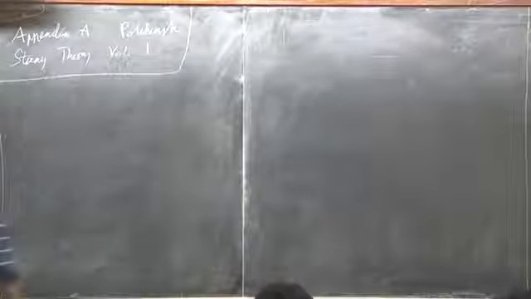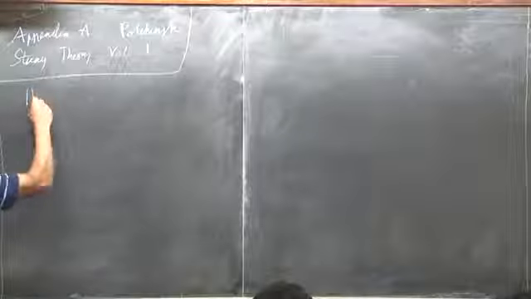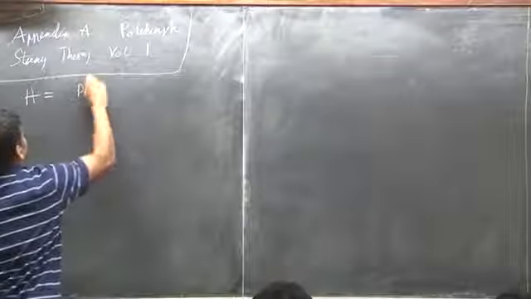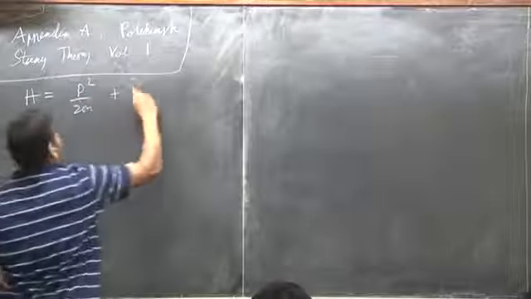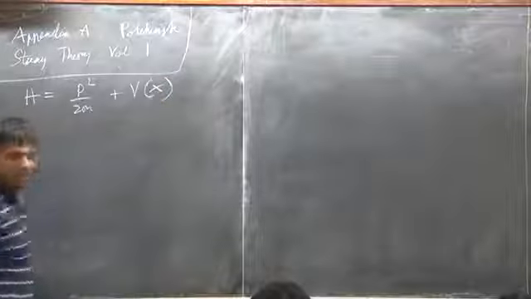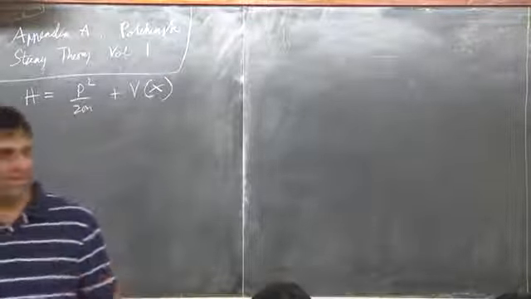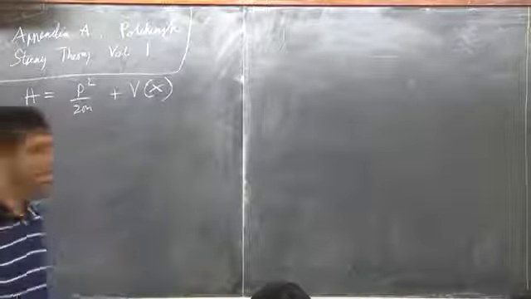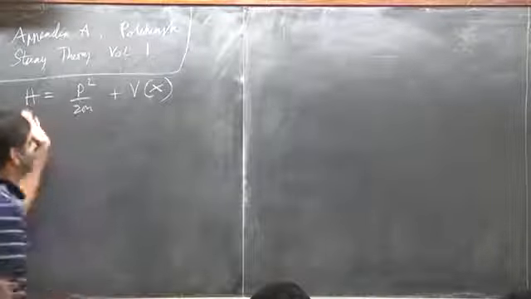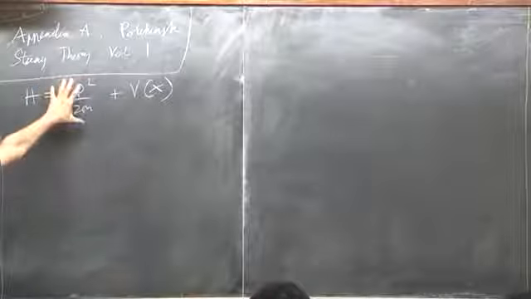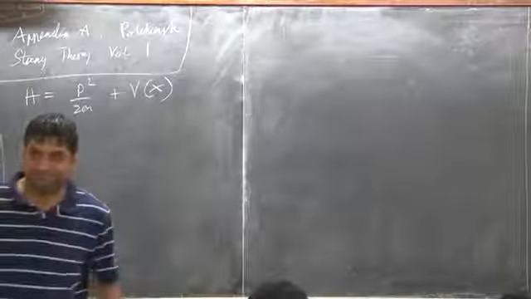Suppose we had a quantum system with a Hamiltonian which was p squared by 2m plus V of x. The canonical first quantum mechanical system anyone studies. It's the quantum mechanics of a particle moving in one dimension with canonical kinetic term and some potential.